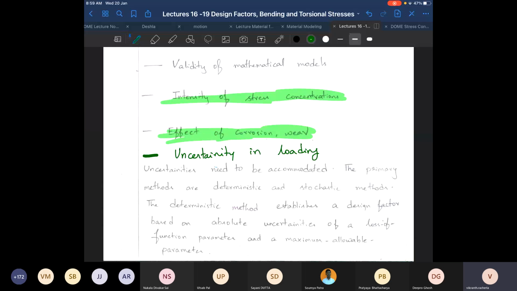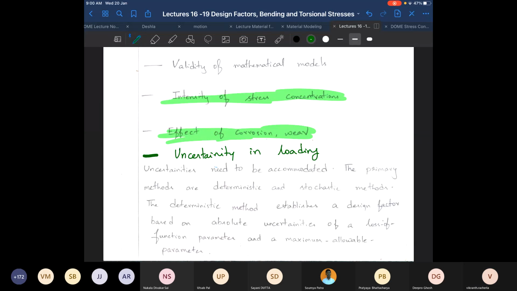Now you know the static weight of the bridge and the static weight of the train. But then as the train is moving over the bridge, there will be dynamics. Okay, and because of the dynamics there will be amplification of the load, but you are not very clear what will be that amplification factor. So there is an uncertainty in the loading.